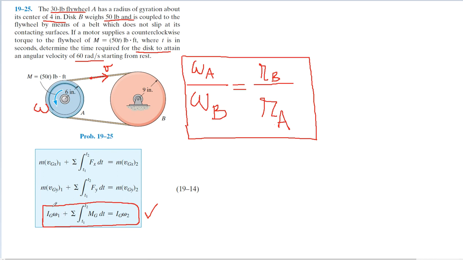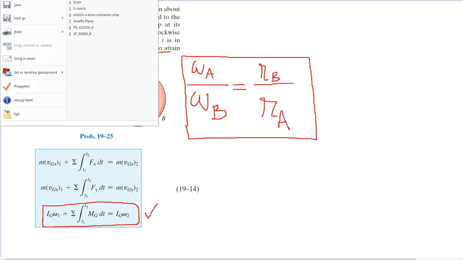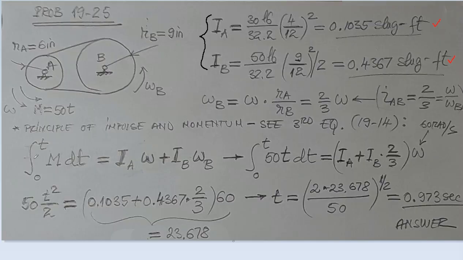So this is the equation. Initially at rest, it means that this part is 0. We have just one moment, so it'll be an integral from 0 to t of M dt. And to the right we have two angular momenta, one for the flywheel, the other one for the disk. Okay, so this is what you have here.